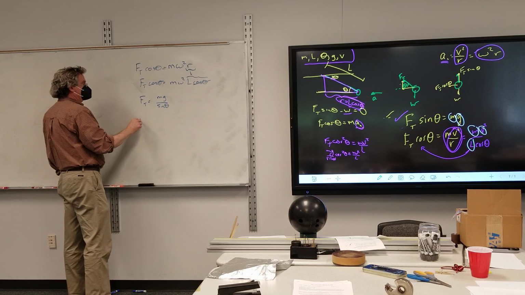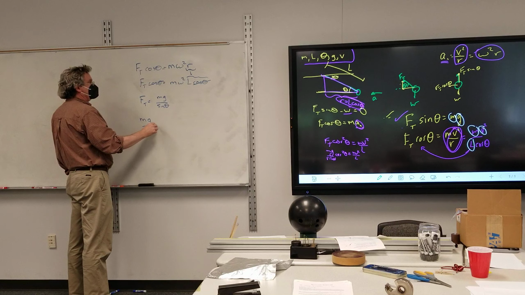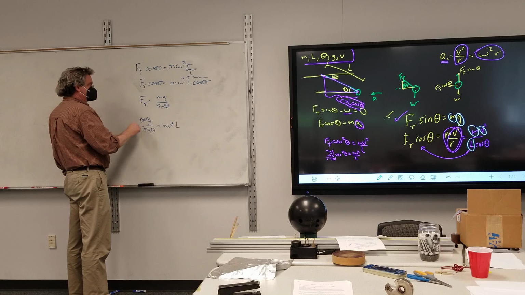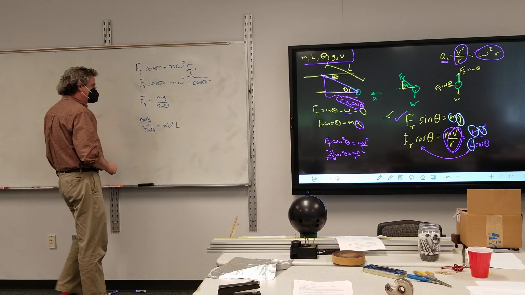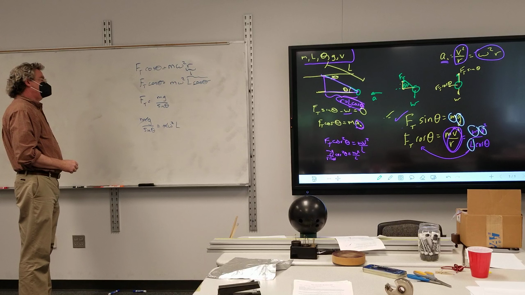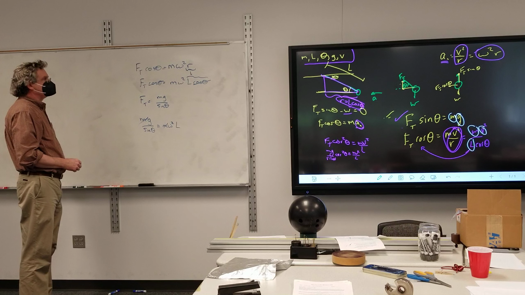So therefore, we have mg over sine theta is equal to m omega squared L. Mass cancels out. Yeah, this is not gonna be as nice as I was thinking. Okay.